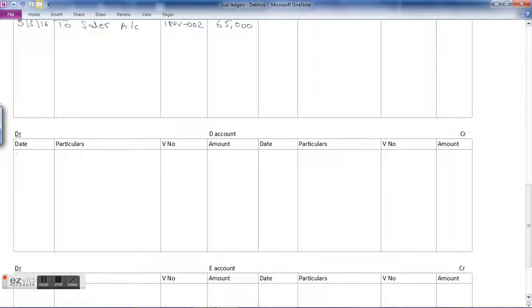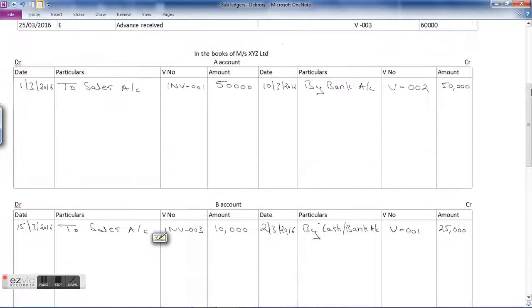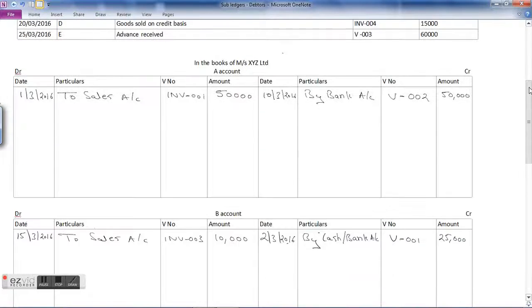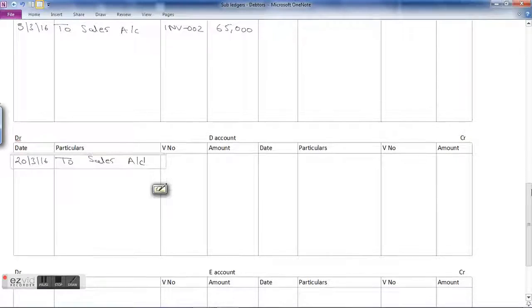So on the debit side, to sales account, the invoice number is INV 004 and the amount is 15,000.